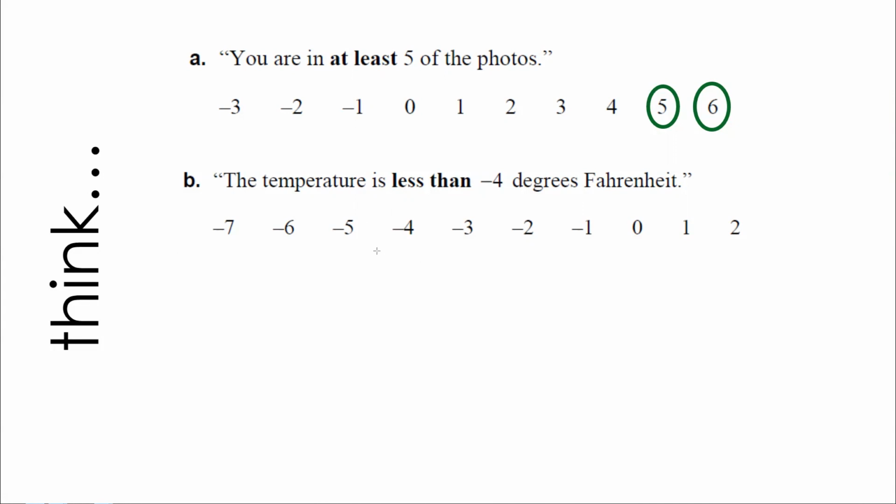So I know that either these numbers are true or these numbers are true. So we have to figure out which direction we need to go in. So if we're thinking about numbers less than -4, is -5 less than -4? Or is -3 less than -4? Hopefully you're thinking -5. So these are all solutions to that statement there.